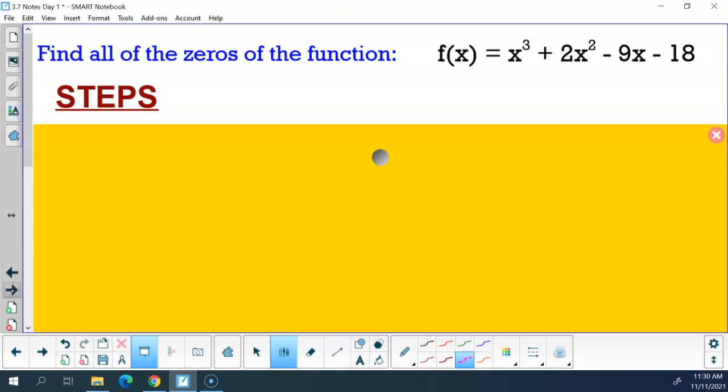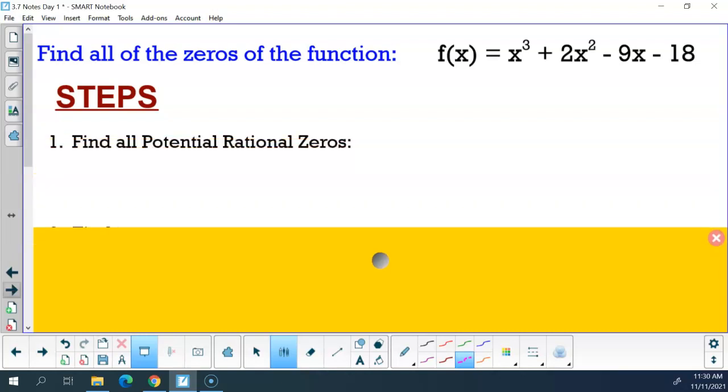Except now, the first thing that we have to do is find all the potential rational zeros, because that's where we're going to start trying numbers. So what are the potential zeros for this function? We only have 1 as the lead coefficient, so we really can go right to our list.